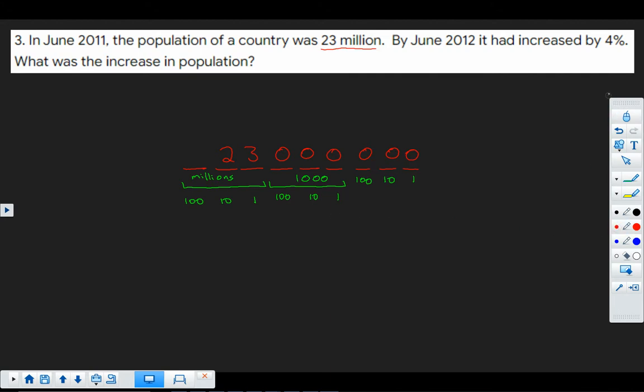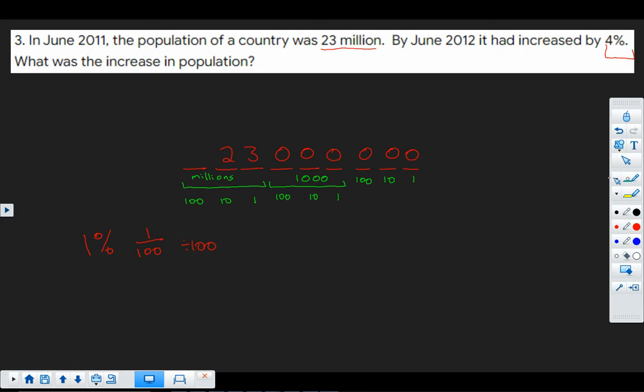Okay, so our next step is that we need to find 4% of it. Well, let's have as our building block finding 1%. Well, 1% is 1 over 100, and to find 100th of something, we're going to divide by 100.